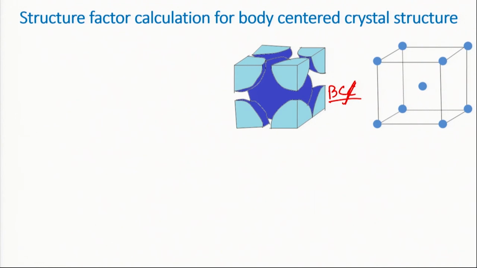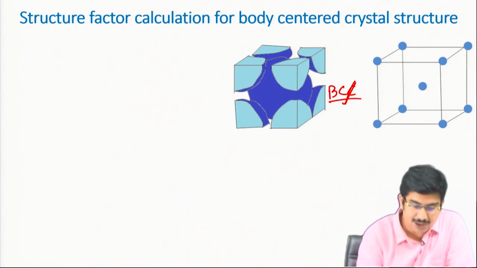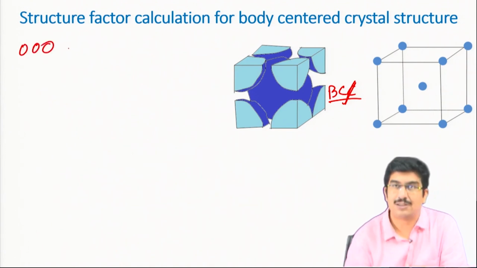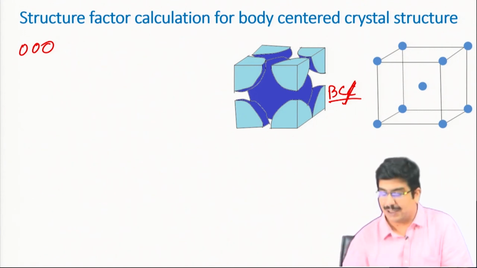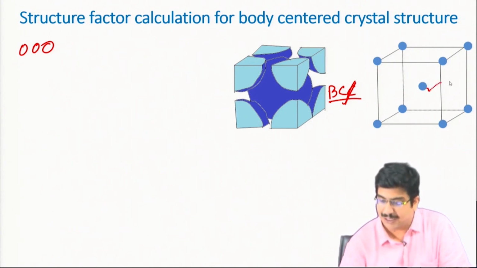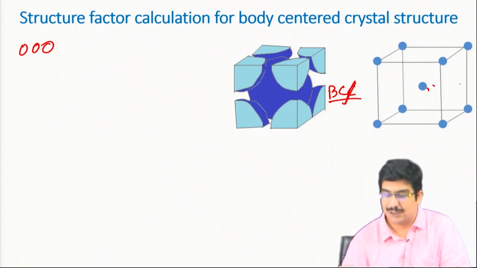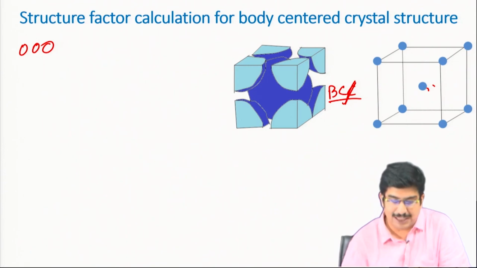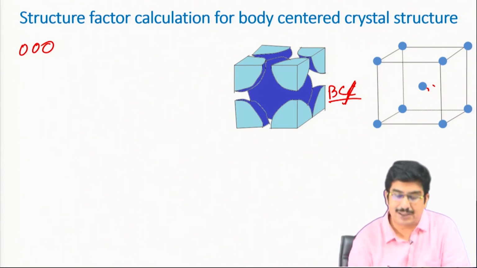Okay. So, here, as we can understand, it has two atomic positions. One set of atoms is obviously at the corner position, and by now we know that 0 0 0 is the position of that atom. Then another set of atoms lies within this unit cell, and that is called the body centering position.